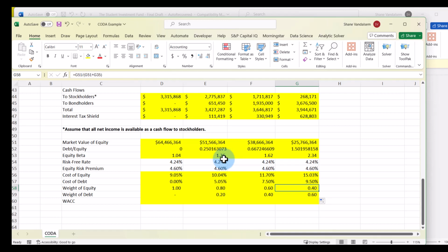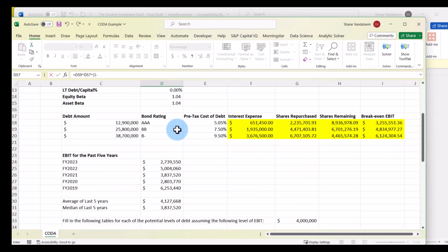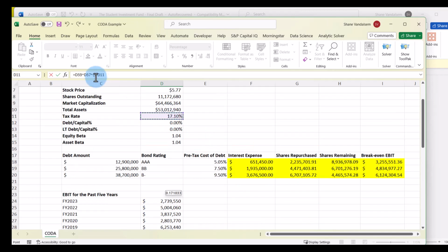Our weighted average cost of capital then will be the last equation that I showed you in our formula sheet, which will be equal to the weight of debt multiplied by the cost of debt multiplied by 1 minus the tax rate. And I'll lock this tax rate into place because we don't want that moving around when we drag that over.